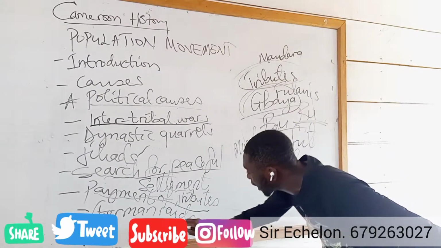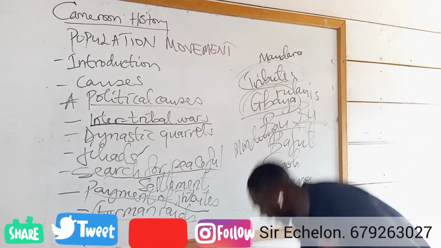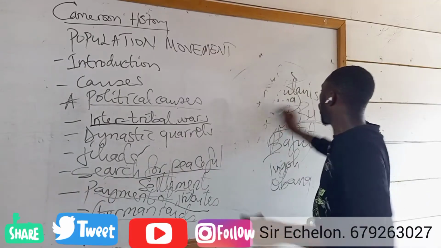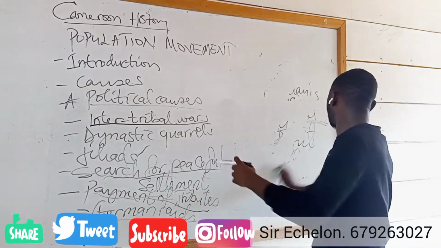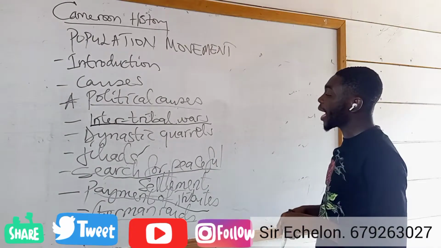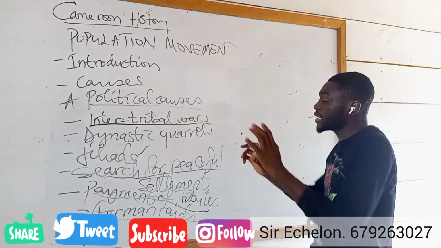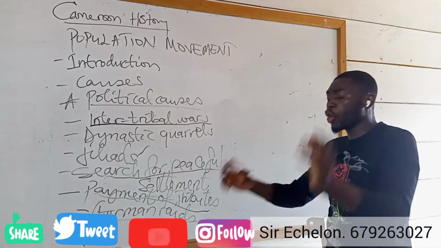We take our last political point, German rule. When the Germans annexed Cameroon on the 12th of July 1884, they also contributed to the migration of some tribes in Cameroon, because the German policies were too harsh. The Germans had harsh political, economic, and social policies on some Cameroonian tribes, and because of that, these tribes were forced to migrate.